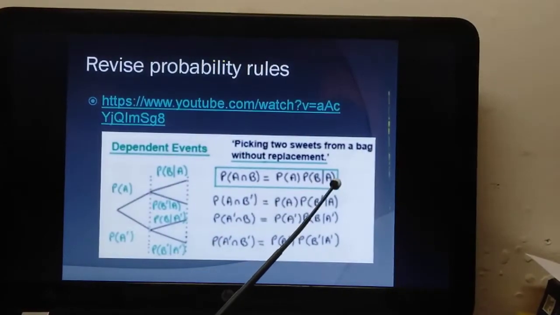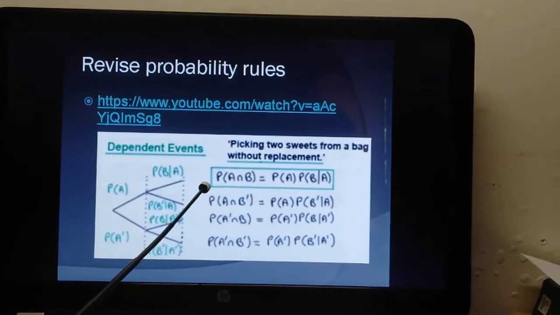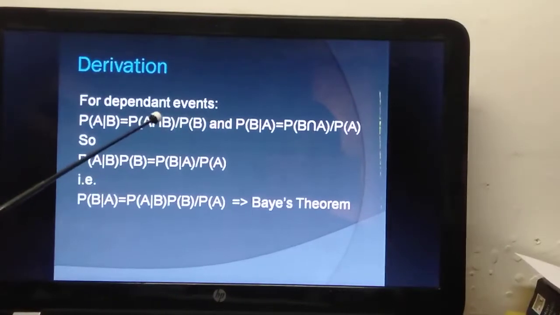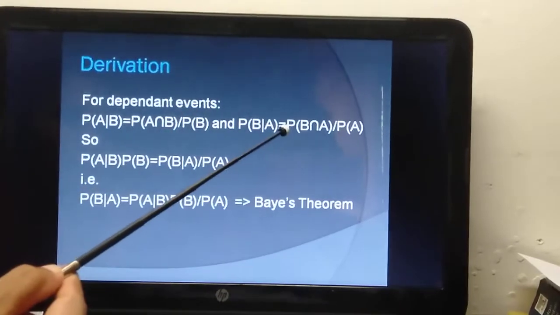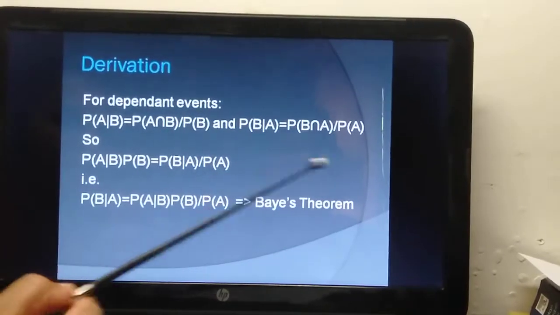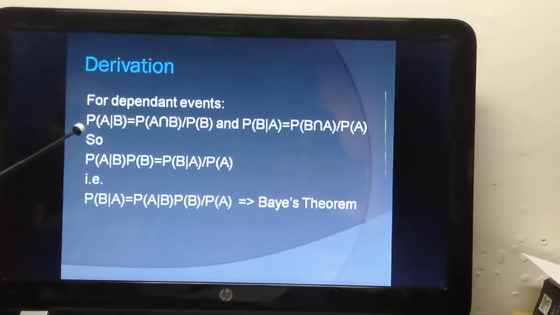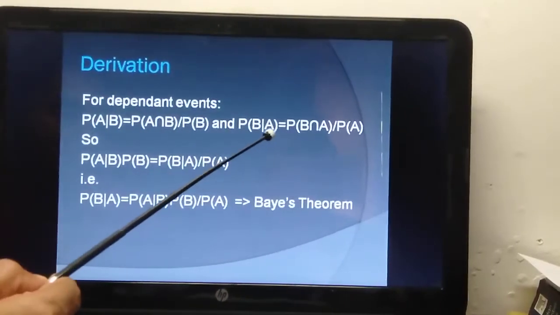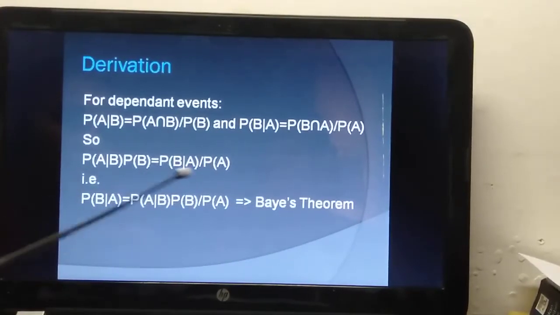Okay, so probability of B intersection A is equal to probability of A intersection B divided by probability of A. From this we have probability of A intersection B and probability of B intersection A is the same because two sets, so the intersection part is the same. So if this is the same, then probability of A intersection B into PB is equal to probability of B intersection A into PA. So that is given over here.